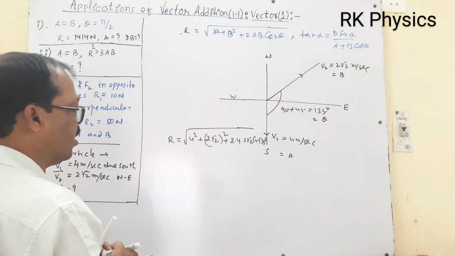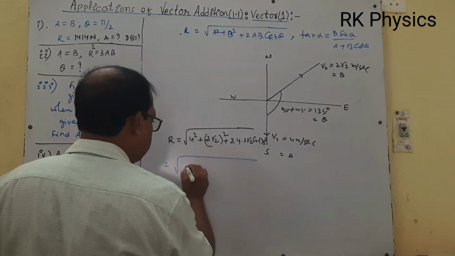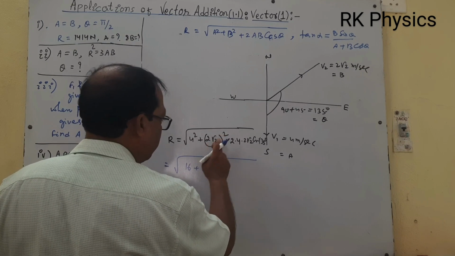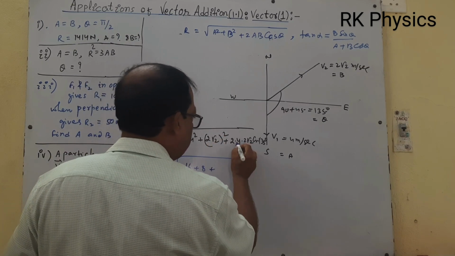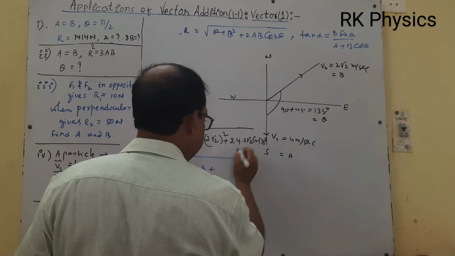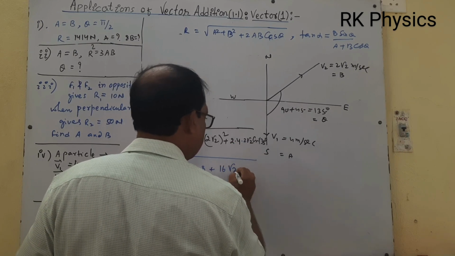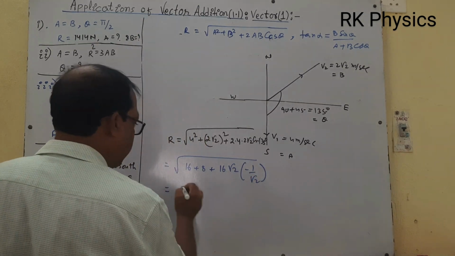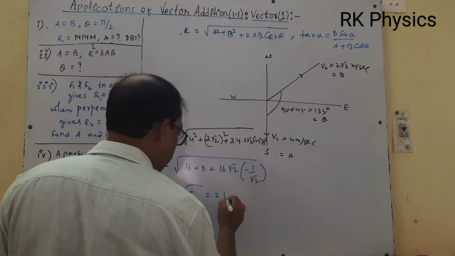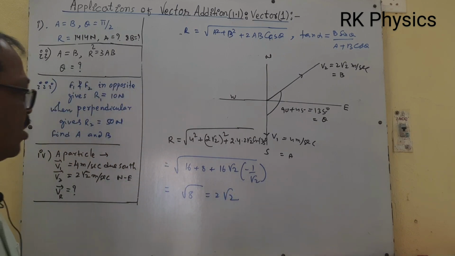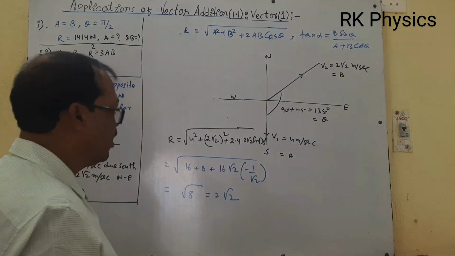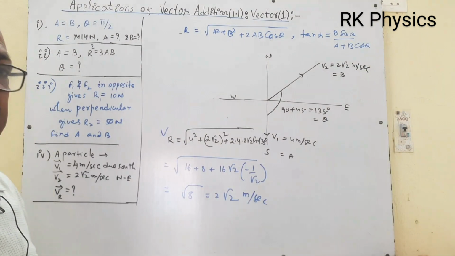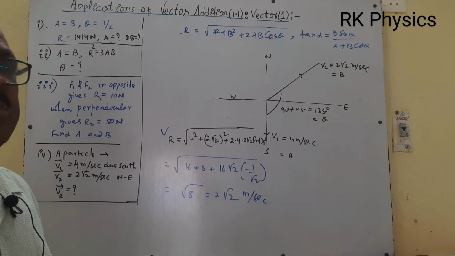This is root over 16 plus 8 plus 16 root 2, and cos 135 is minus 1 by root 2, root 2 cancels. This is root 8, this is 2 root 2. So this is your magnitude, the resultant velocity, 2 root 2 meter per second.